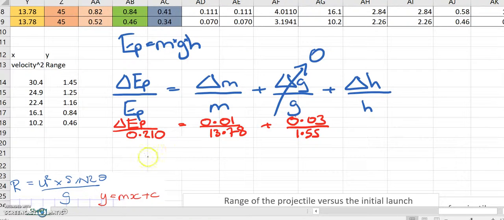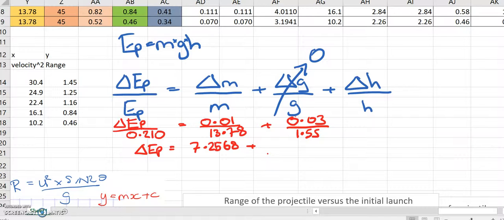All right, so now let's work out the absolute uncertainty in the potential energy. It is equal to 0.01 divided by 13.78, which is 7.2568 by 10 to the minus 4, plus 0.03 divided by 1.55.